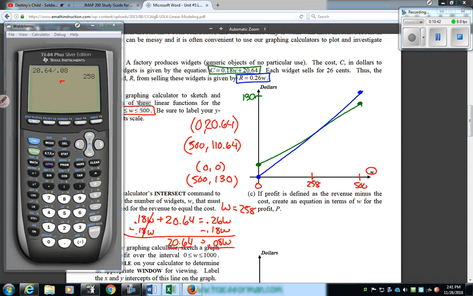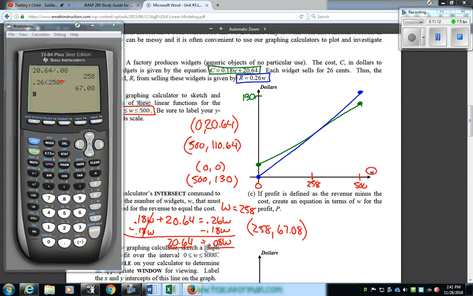And I can figure out what the Y value is. I know it's 258 for the amount of widgets. And if I do 0.26 times 258, that'll give me the Y value, which is $67.08.